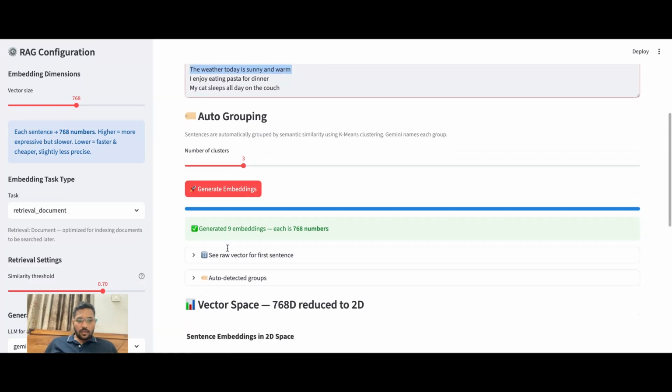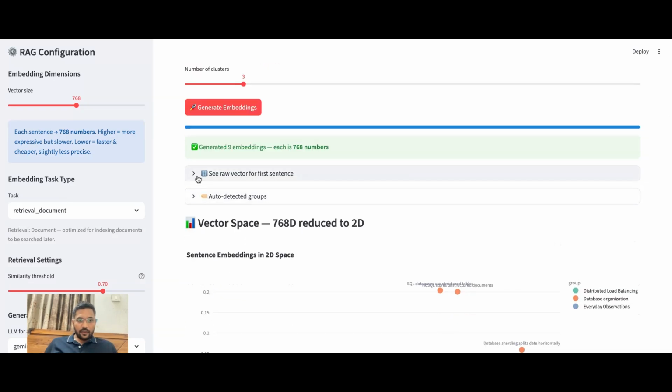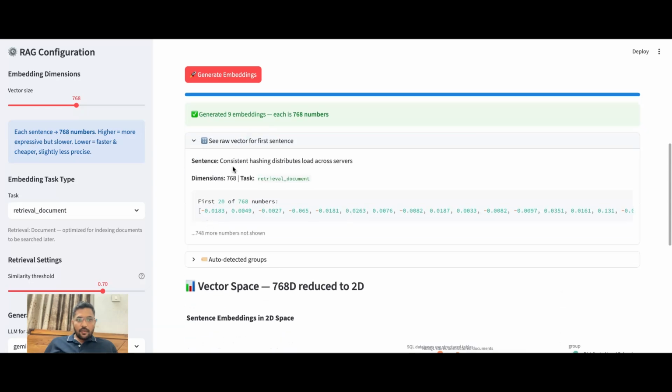Okay, so here we are seeing, for this sentence, consistent hashing distributes load across servers, we converted that into one vector of 768 dimensions. So basically this is an array with 768 values. Each value represents some aspect of language.